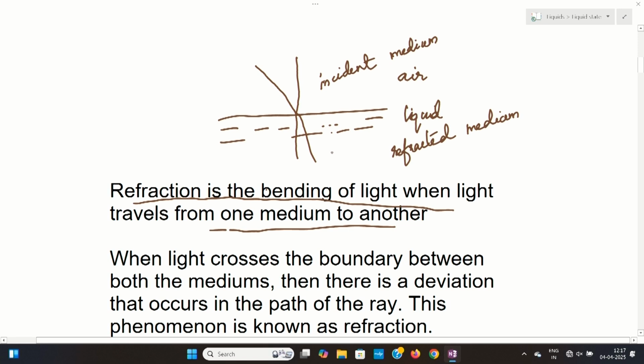The second one is speed of light. The light has one speed in air and another speed in liquid. Because of this difference in the speed of light, the refraction occurs. Therefore, the factors which affect refraction are change in direction and the speed of light.